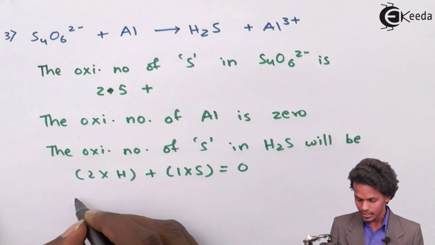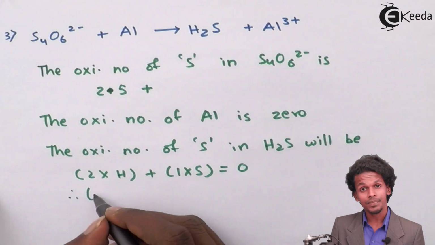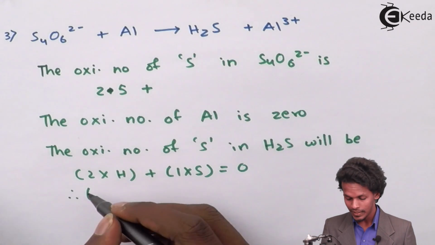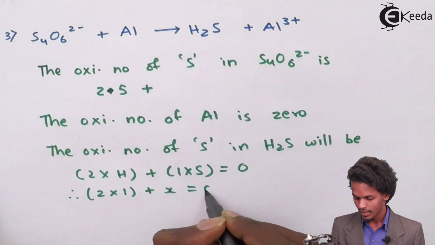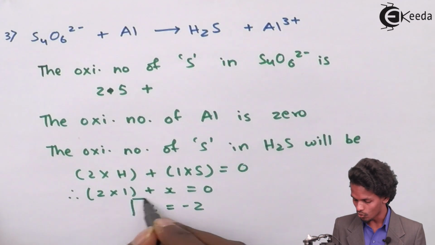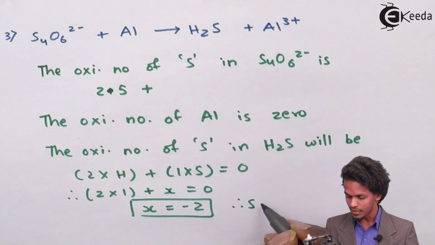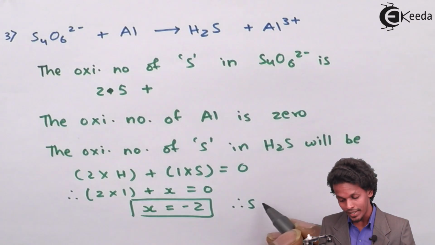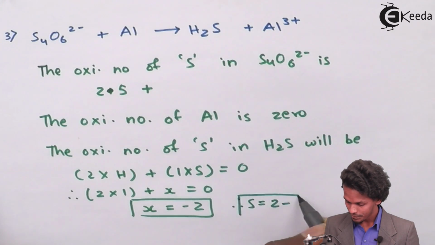So I could write it in this way. And the oxidation state of hydrogen is 1. So 2 into 1, which means the value of X is minus 2. Therefore sulfur has an overall oxidation number in H2S of 2 minus.